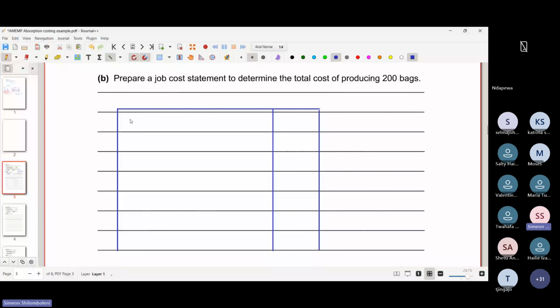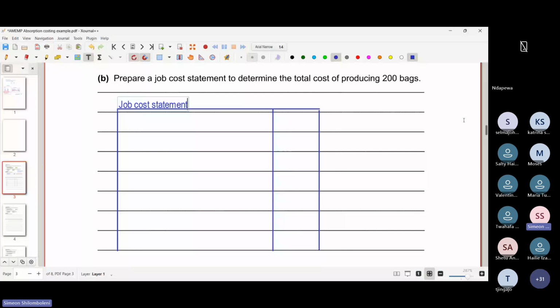Okay, so here we are going to write job cost statement. Doesn't it really have a format? If you can even do it without drawing lines, as long as the answers are there, we will look for what is correct, because it's not a format. The format just makes it much easier.